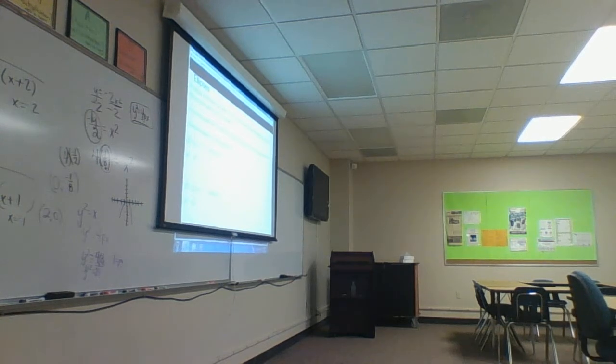If it is horizontal, you will have x squared over a squared plus y squared over b squared equals 1. If your major axis is vertical, so it is elongated up and down, you will have x squared over b squared plus y squared over a squared equals 1. See the difference in where the a and b places are. Okay?